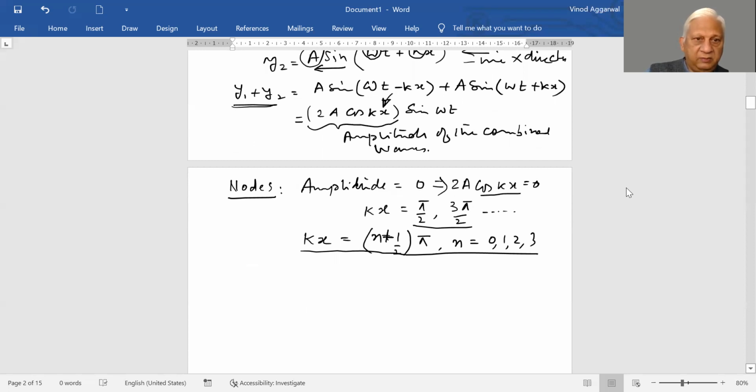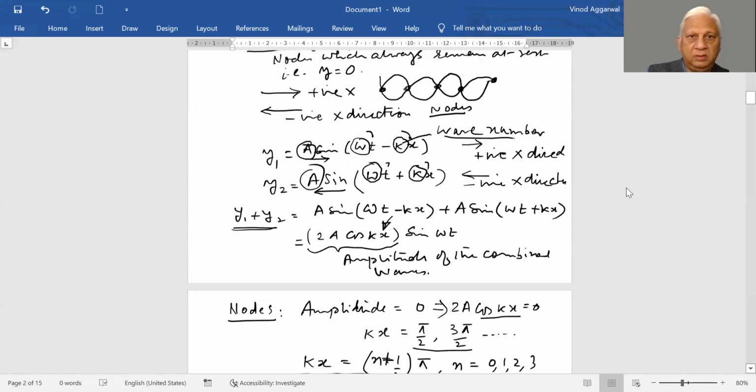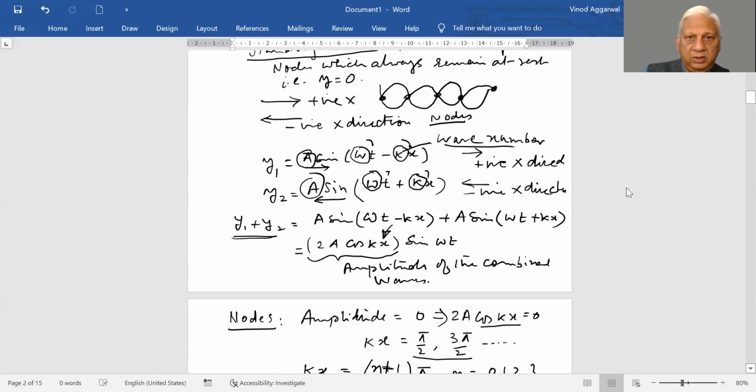There will be places which have the maximum displacement. They are called antinodes. In this wave, these are called nodes because amplitude is 0, and these points are vibrating with maximum amplitude, and these are called antinodes.